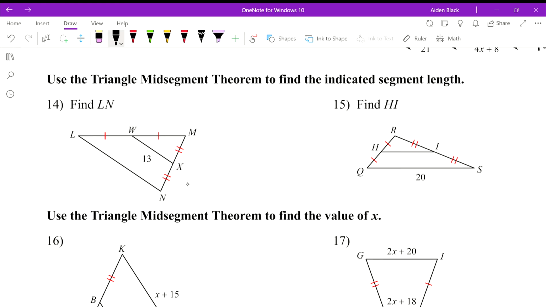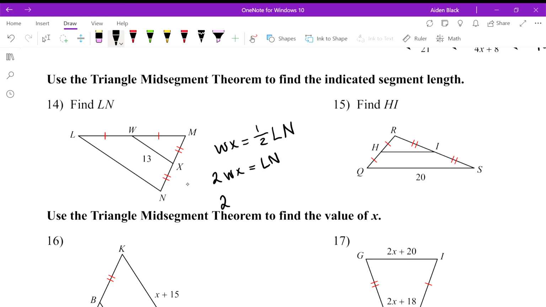So if we know that WX is equal to 1/2 the length of LN, we multiply both sides by 2. So 2 times WX is equal to 2 times 1/2 is 1, so we can just keep it at LN.